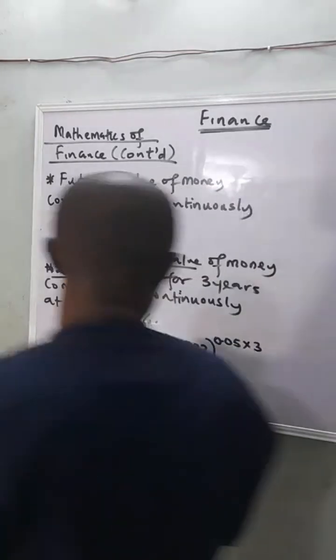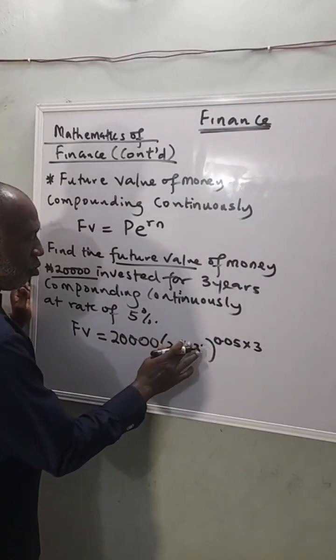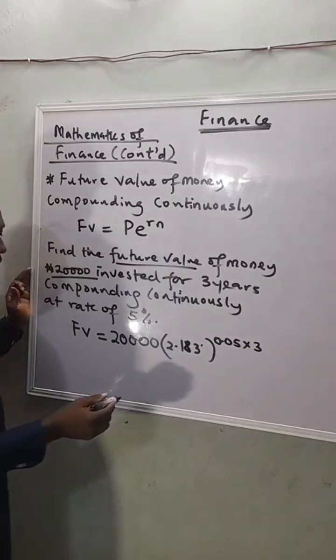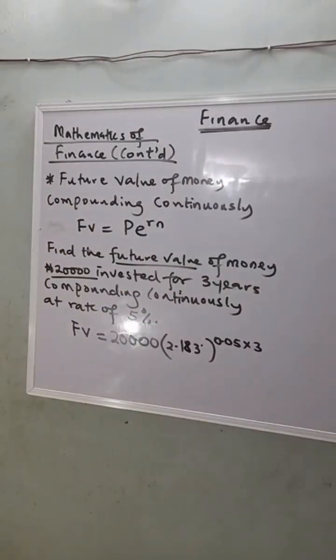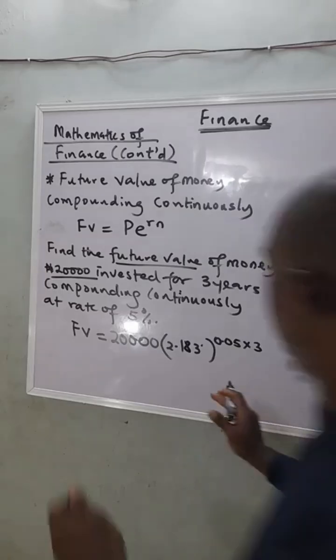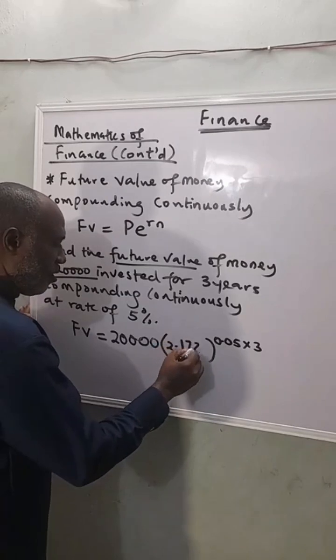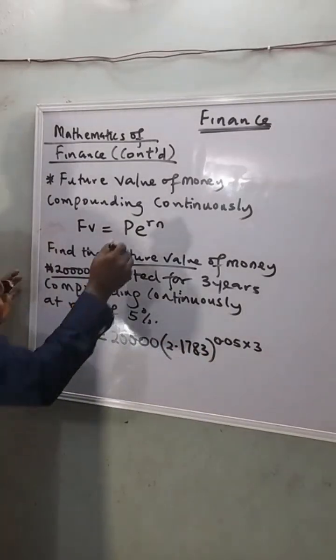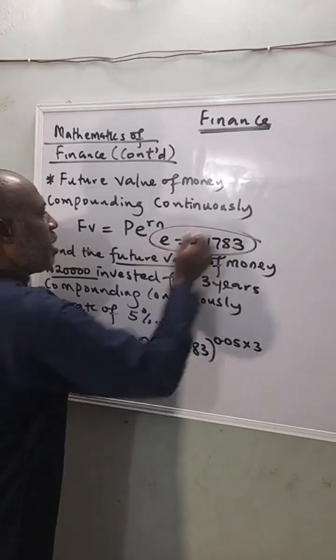So from all indication, it is 2.1783. So our e is equal to 2.1783 approximately.